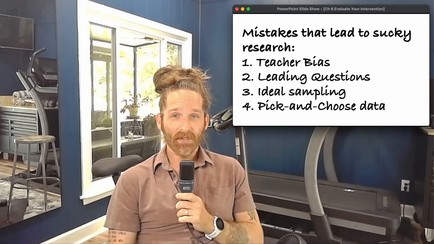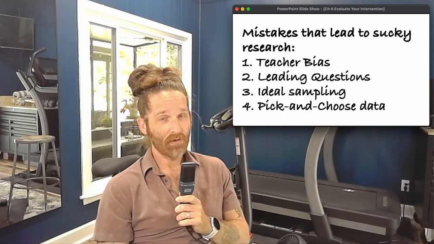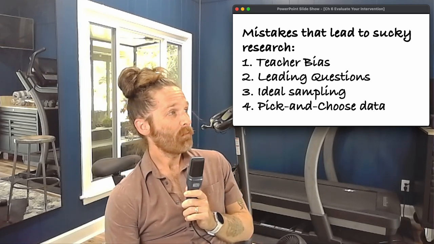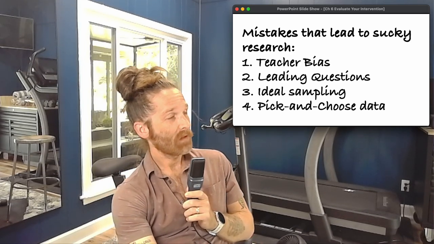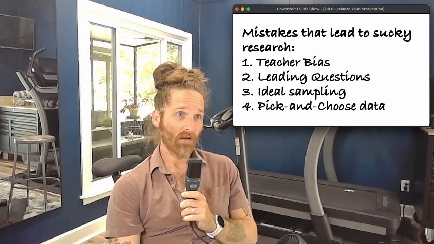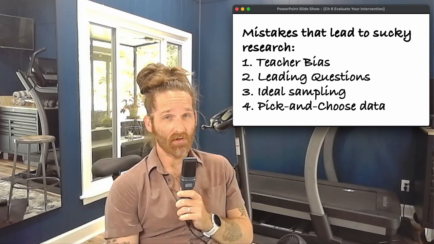The first one is teacher bias. This is looking at your intervention with rose-colored glasses. You might want to address a behavioral management problem by spending time talking to certain problem students and building a relationship with them.